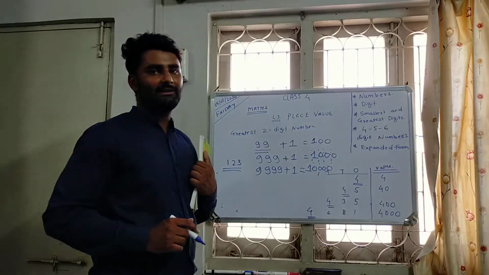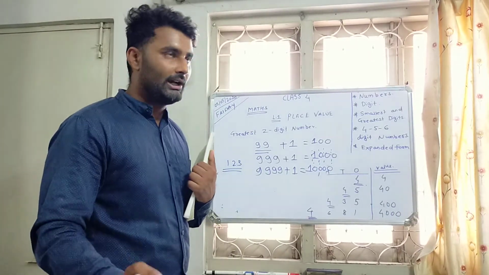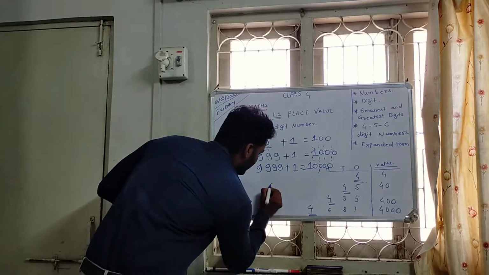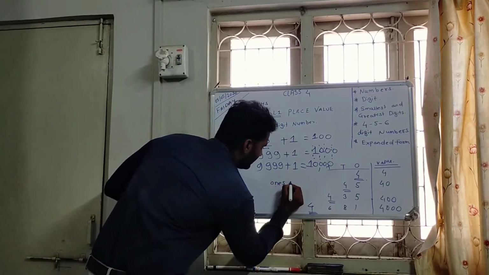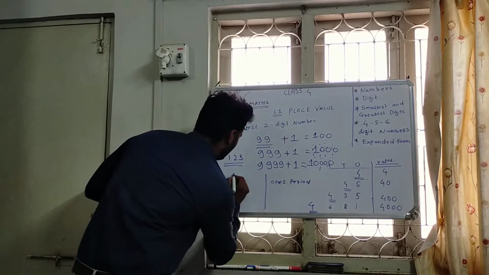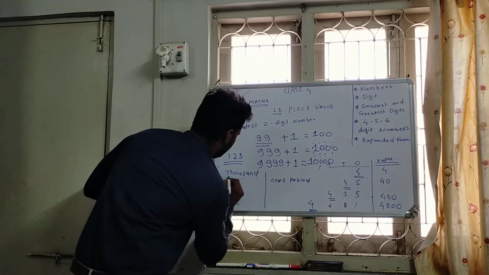So the place value chart consists of ones period, thousand period and lakh period.